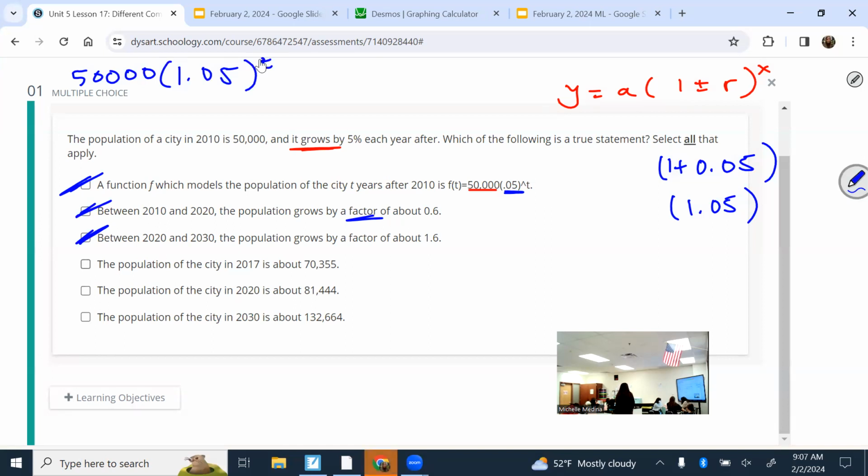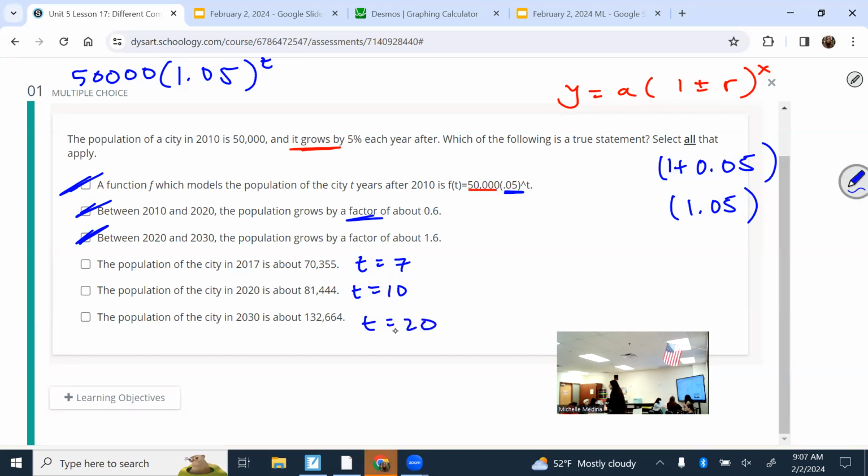So how many years since 2010 is 2017? So T should be 7 when we're checking this one. How many years since 2010 is 2020? 10 for that one. And for this one, what should T be?